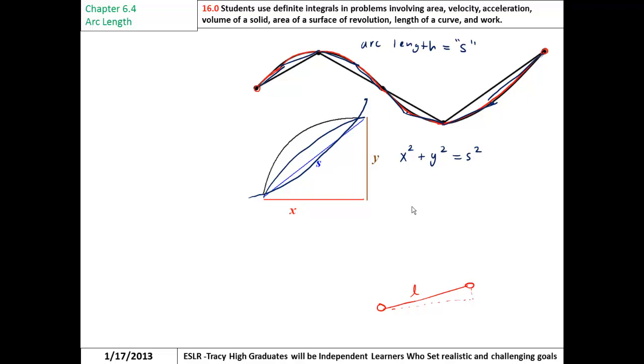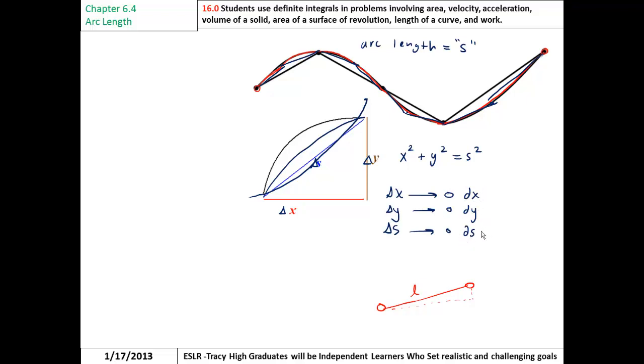With that said, let's imagine this as a little change in x, delta x. This is a little change in y, delta y. And this is a little change in the length of our thing, delta s, depending on where you go. Now, if we take all of those towards 0, you could put a limit on there if you wanted to make it a little more formal, then that becomes dx, dy, and ds.